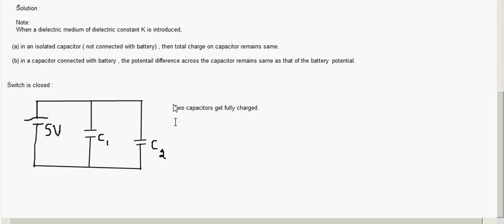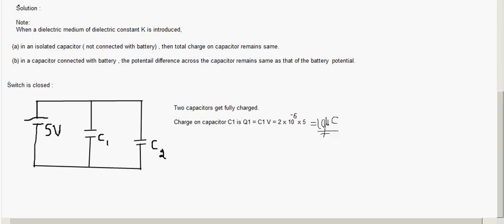So the charge on capacitor C1 is Q1 equal to C1 into V. C1 is 2 microfarad, so 2 into 10 to the power minus 6 multiplied by 5, which is 10 microcoulomb.